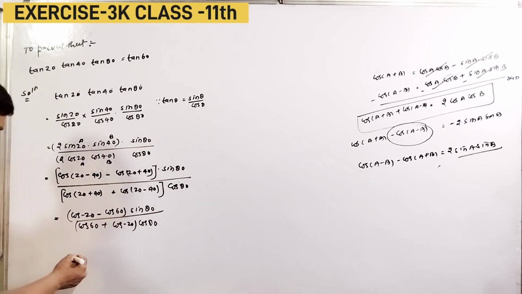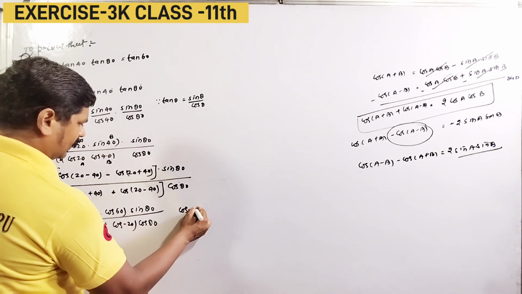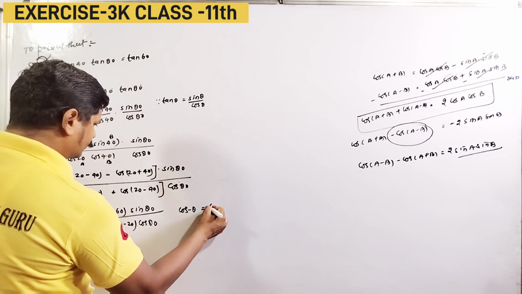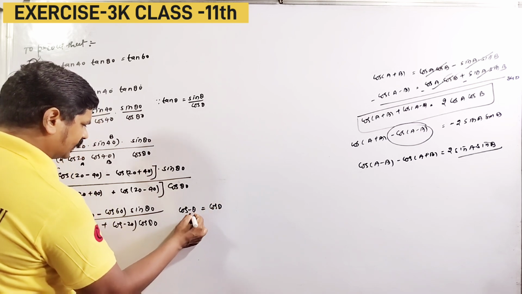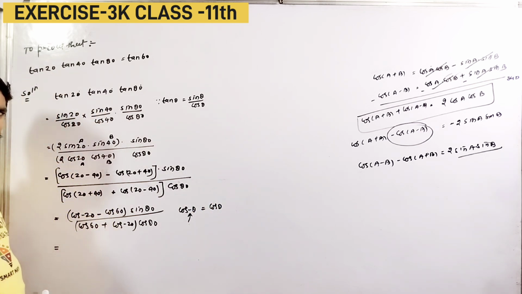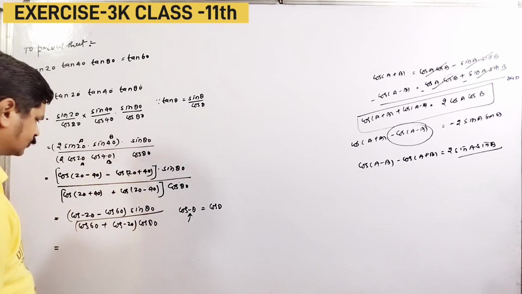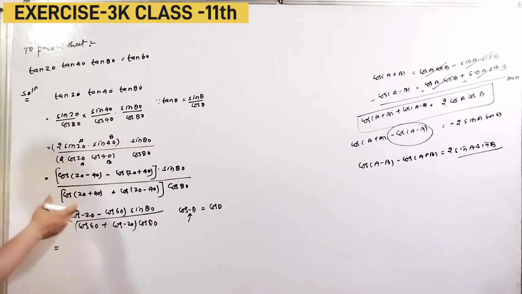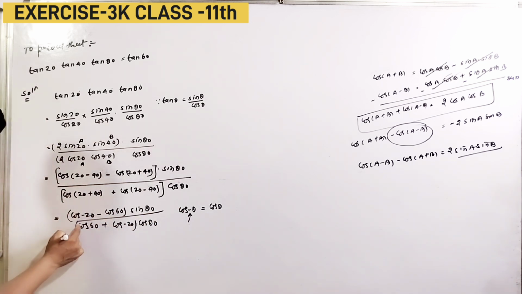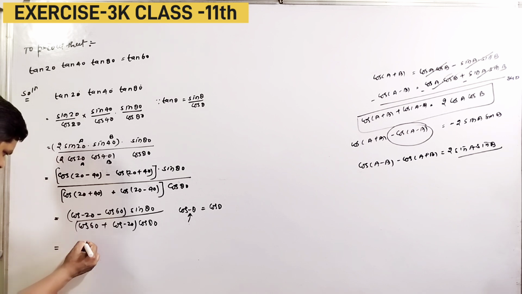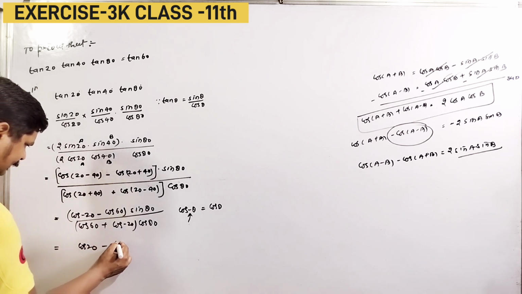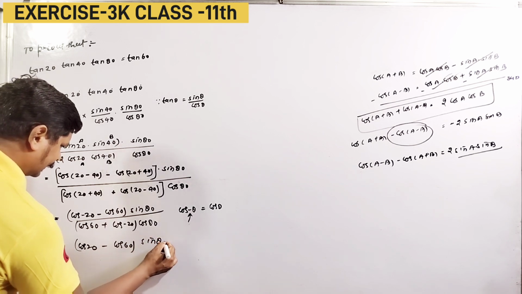And if we talk about here, as you know the formula, cos minus theta is equal to cos theta. So this negative sign has no effect on the cos. So you can write here: cos minus 20 is equal to cos 20. Here it is cos 60, and sine 80 degrees.